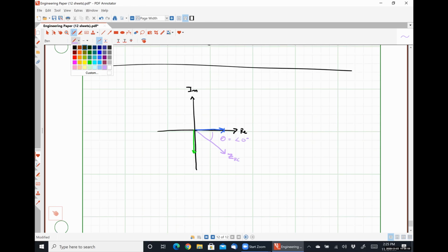So for instance, so we have R multiplied by 1 over j omega C, actually let me write this slightly different, multiplied by negative j over omega C, right?